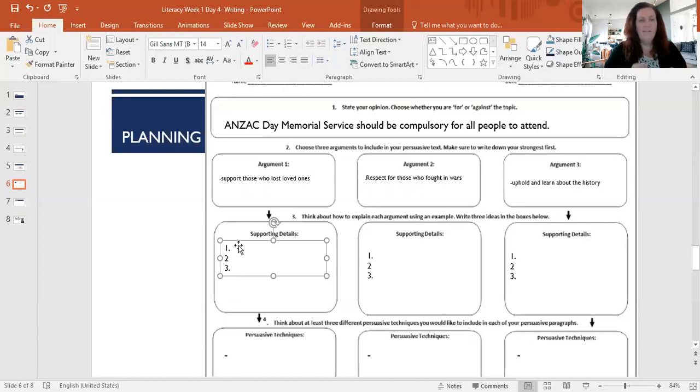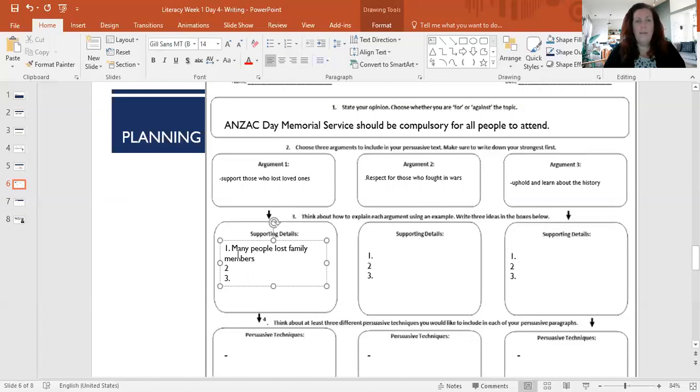So my first argument was support those who lost loved ones. So my first supporting detail is many people lost family members in the war.